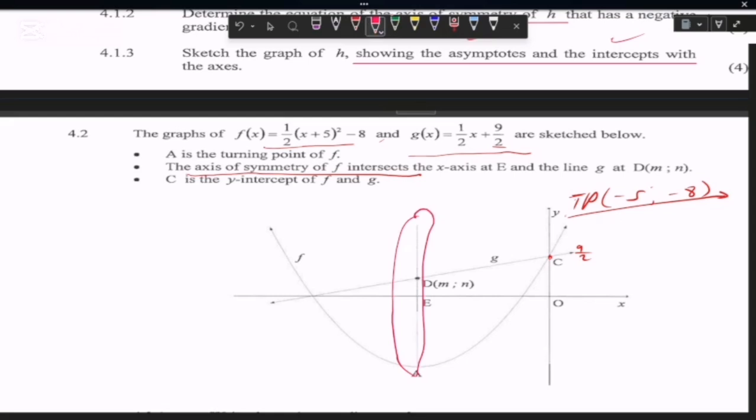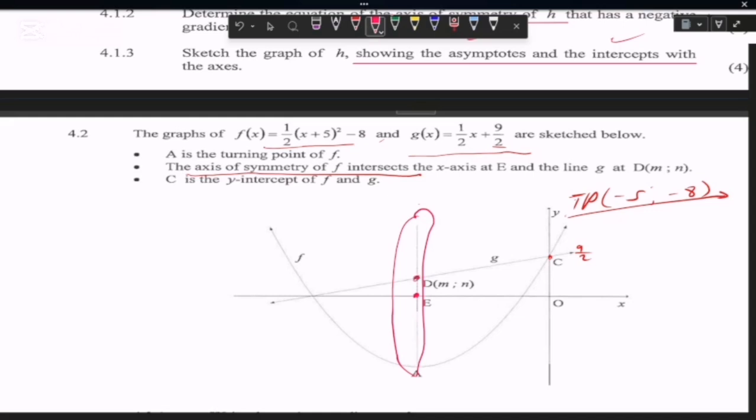And they're saying that this line intersects the x-axis at E. We can see that because this line is meeting the x-axis at this point E, and the line G at D. This axis of symmetry of the parabola is meeting the straight line at this point D.